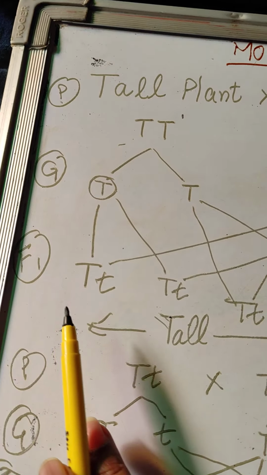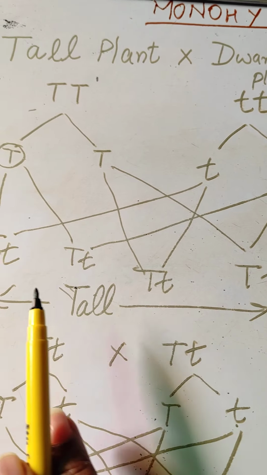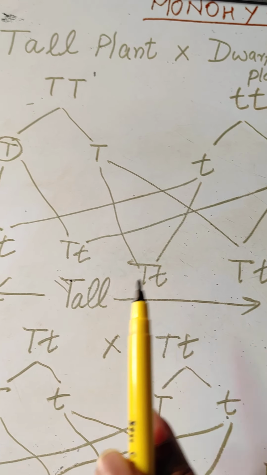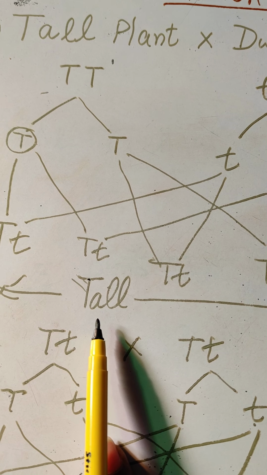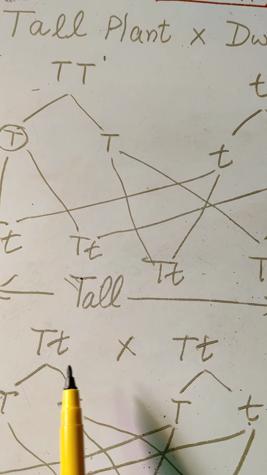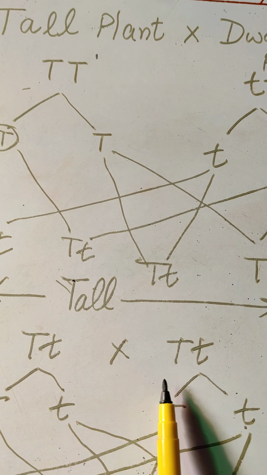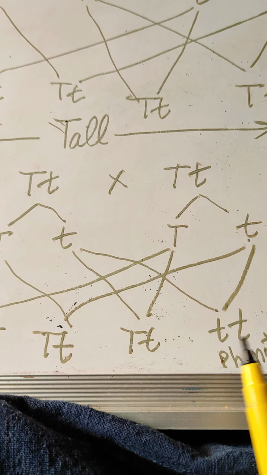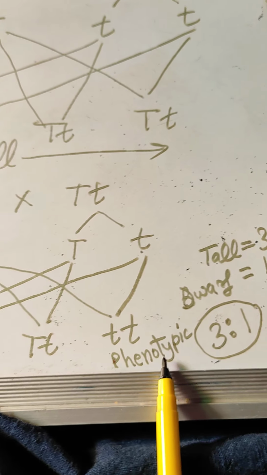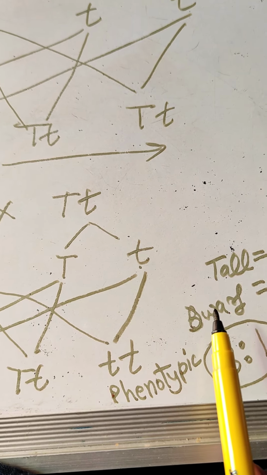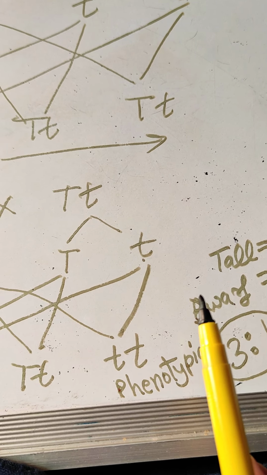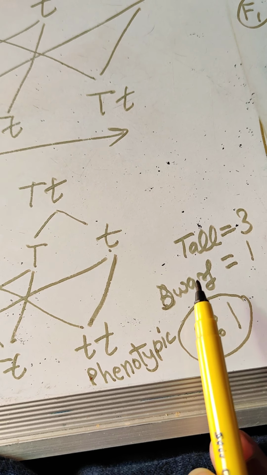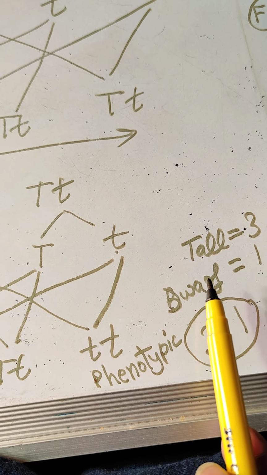In F1 we get all plants with the same genotype and same phenotype. When we self cross the F1 generation, in F2 we get phenotypically 2 types of plants, dominating and recessive: 3 dominating and 1 recessive. So the phenotypic ratio is 3:1.